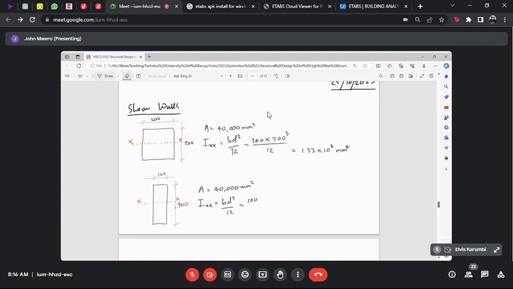B is 100 times D is now 400 cubed over 12. The number I got for this is 5.3 times 10 power 8 millimeters to the power of 4.